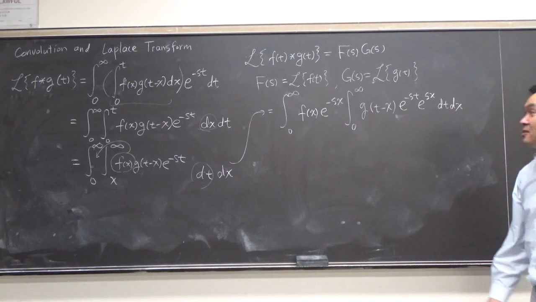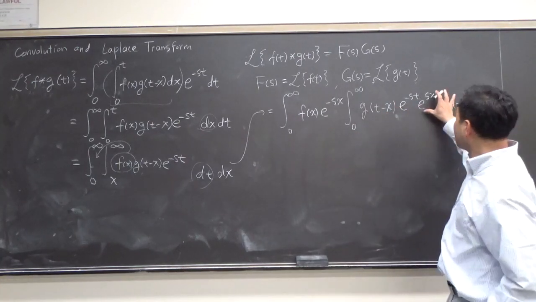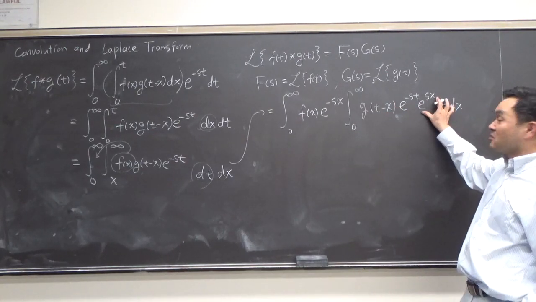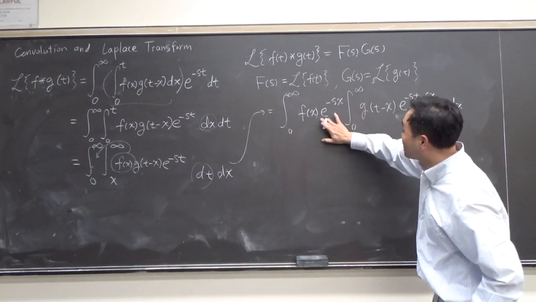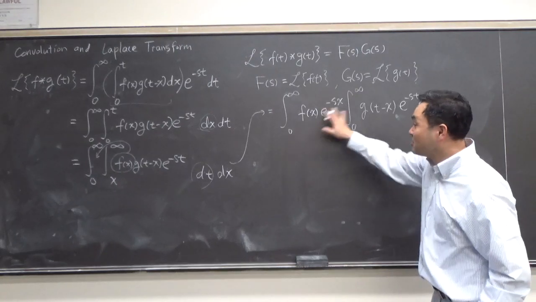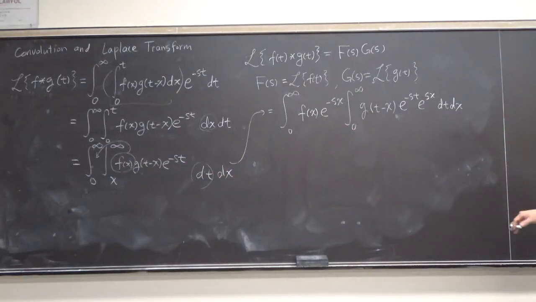And this is the same as the previous one because e to the sx is considered a constant in view of dt. If I bring this outside, it cancels with this one. So it is indeed the same thing as this one. Agreed?